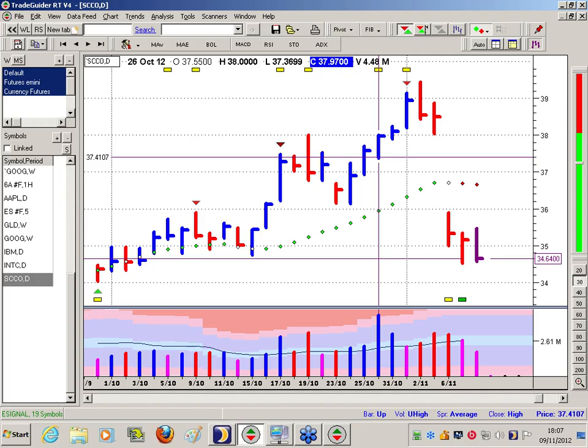Now, don't forget copper is obviously a very, very liquid market. It's going to take several days or efforts for something to happen here. But there's an up bar, look, on very, very high volume. And also note the spread is narrow, which is not healthy. Not healthy at all.